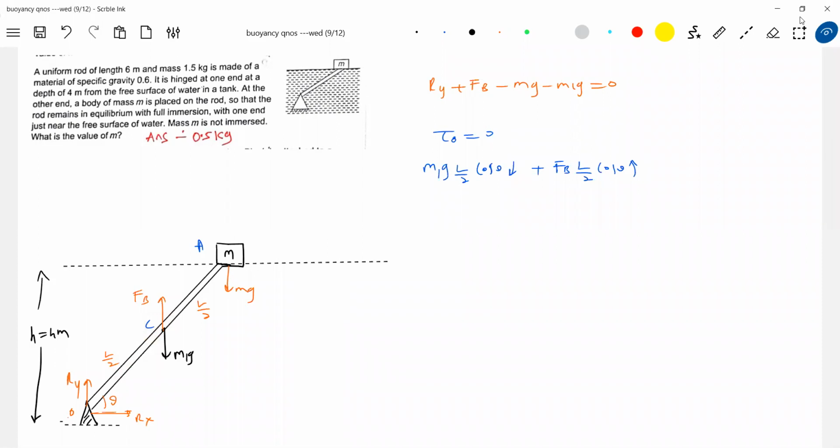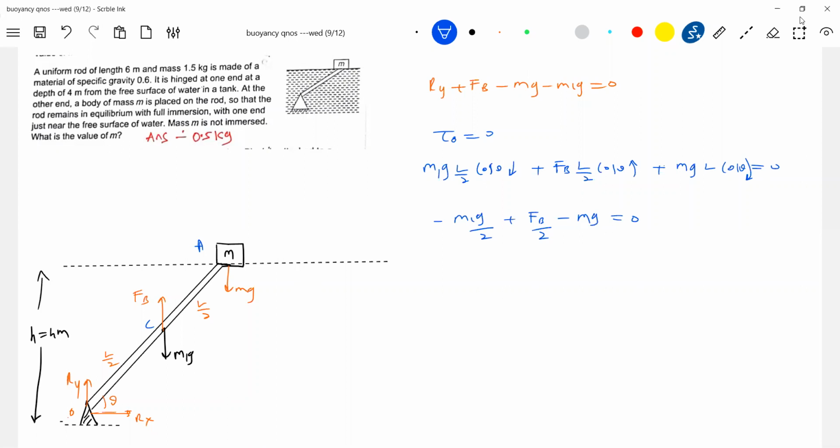Then due to the weight of the rod, m1 g L cos theta, anti-clockwise. Anyway, L will get eliminated, cos theta will get eliminated. So this is clockwise, minus m1 g by 2, equal to 0.